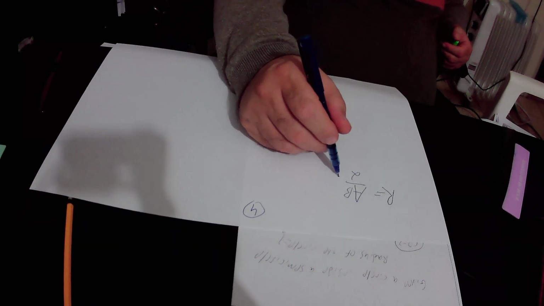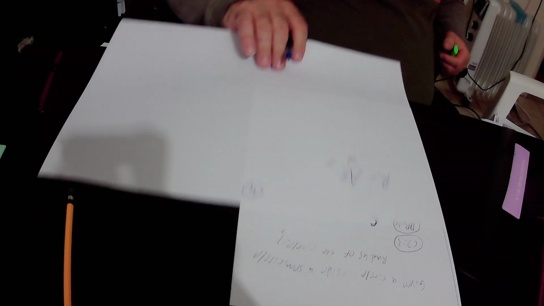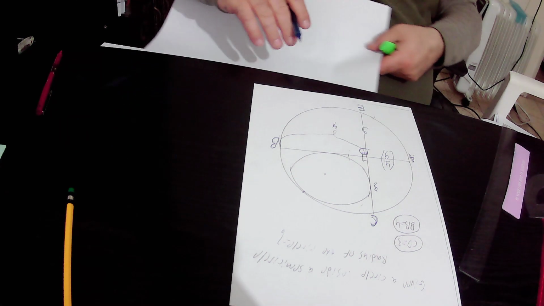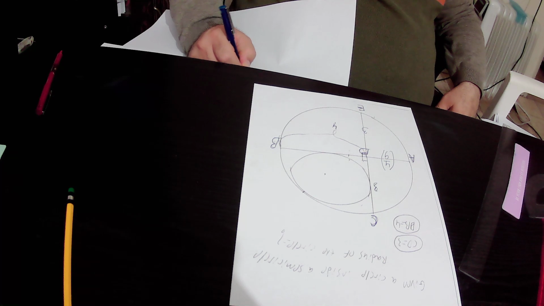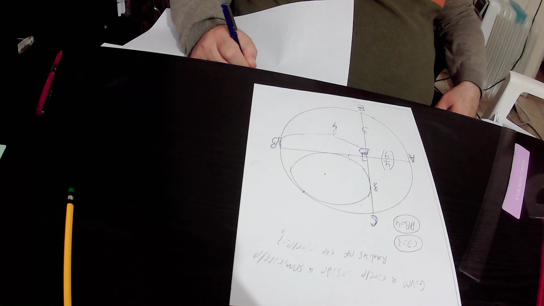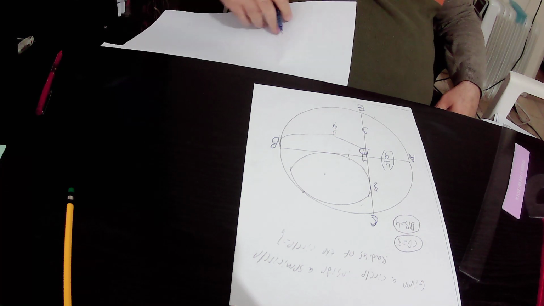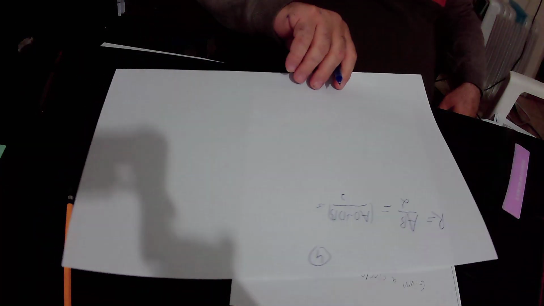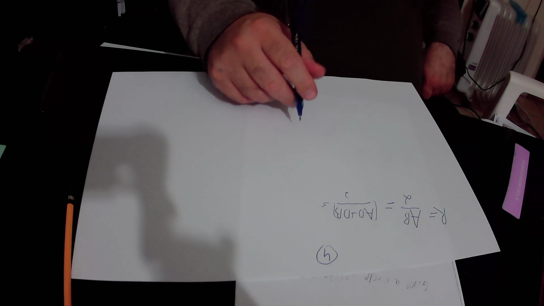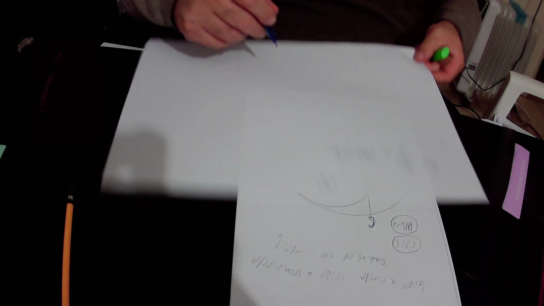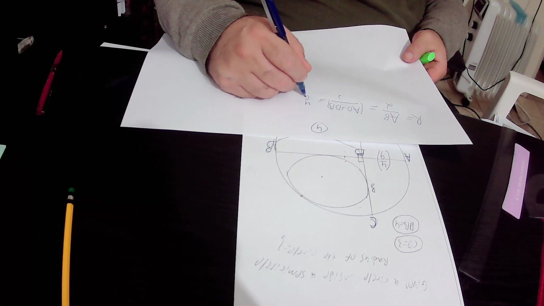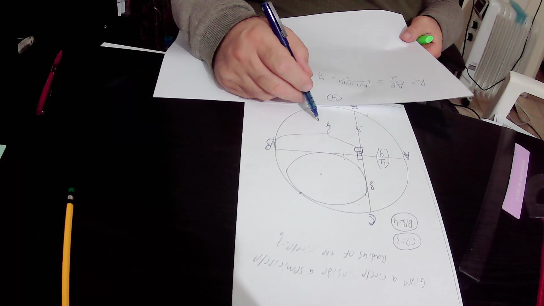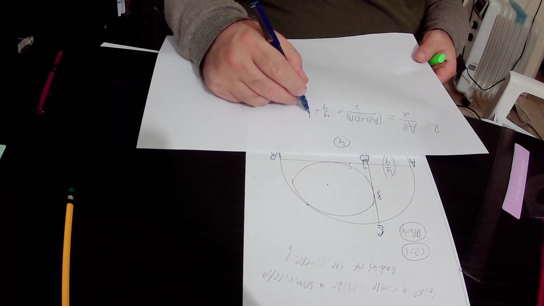Okay, so what is the length of AB? Here AB equals AD plus DB, all divided by 2. So here AB equals AD, which is 9 over 4, plus DB. DB equals 4 units according to what is given in the question.